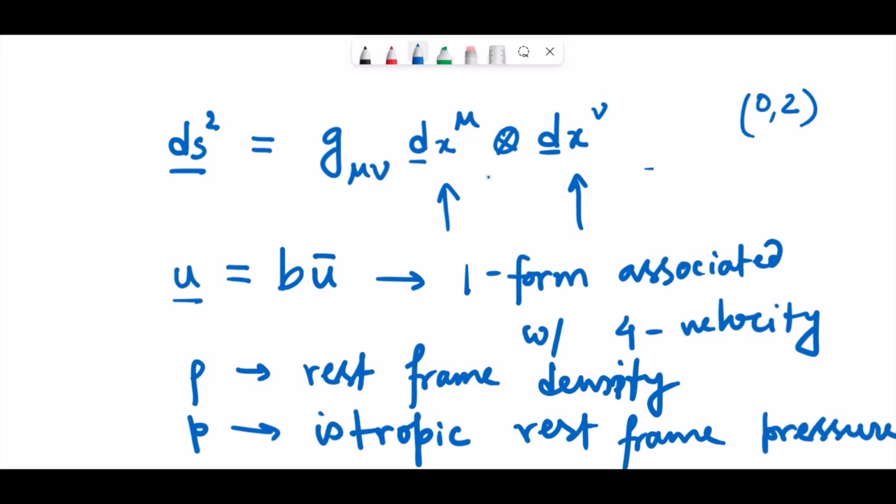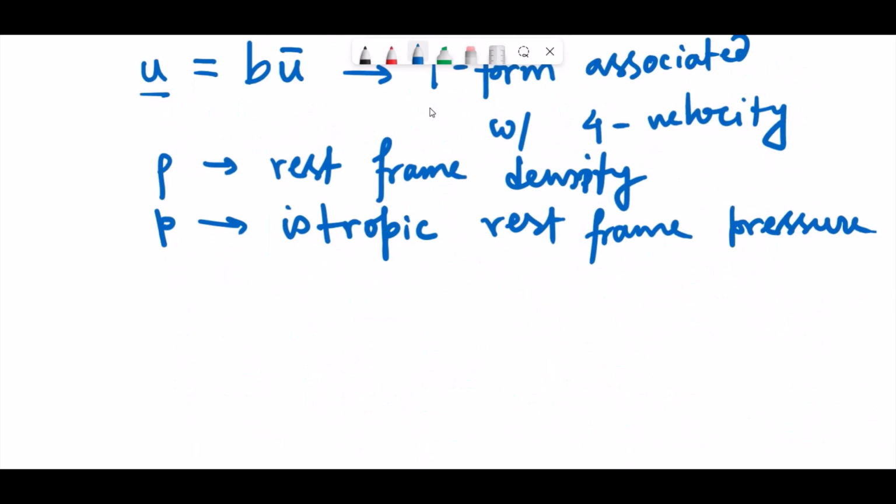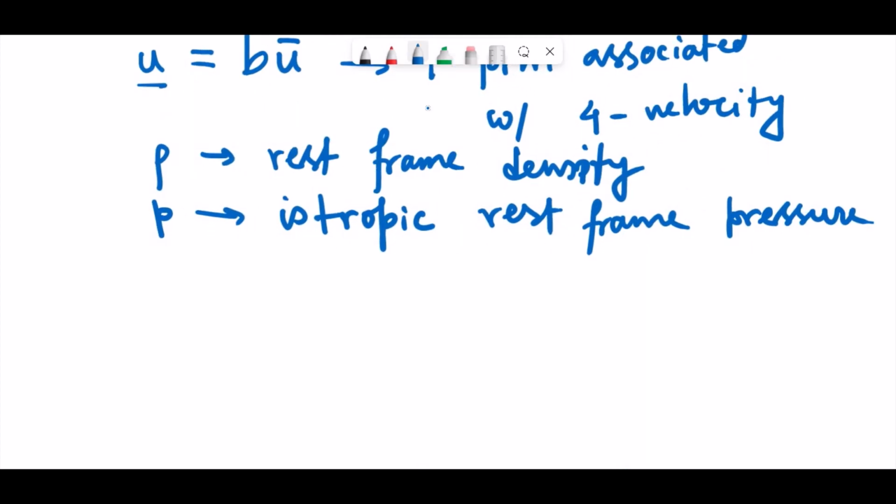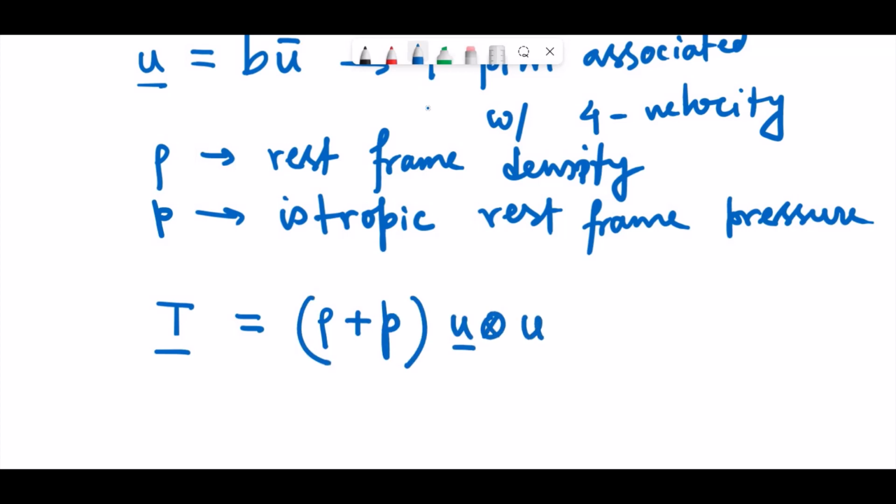So these are the things that we have. And the stress energy tensor for a perfect fluid is written as this. So T, as a geometric object, is equal to rho plus P, and this is the coefficient of the tensor product of the one form associated with the full velocity.